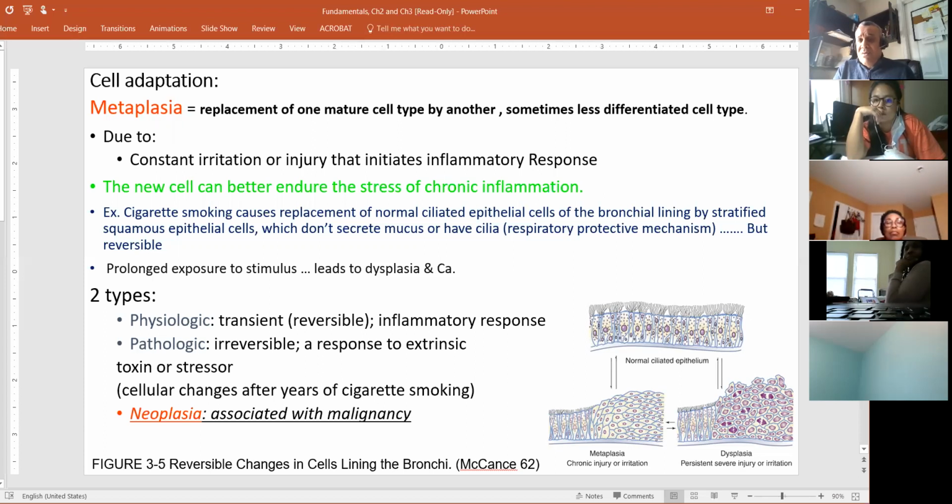The mucus secretions in the bronchial lining and the presence of the cilia are all protective mechanisms in the respiratory system. So this is one of the changes in response to cigarette smoking or exposure to tobacco. So it's either physiologic or pathologic.